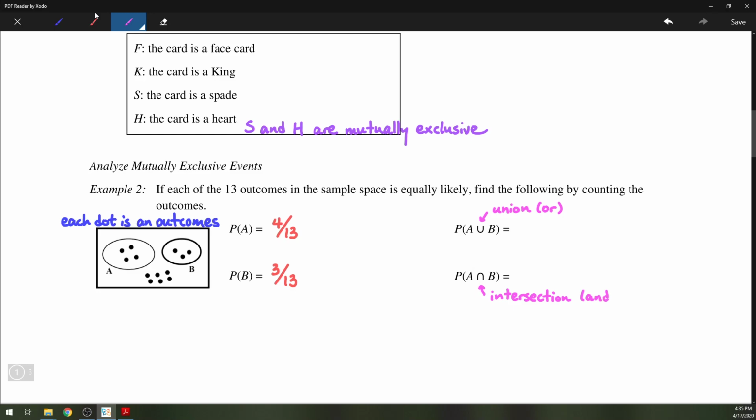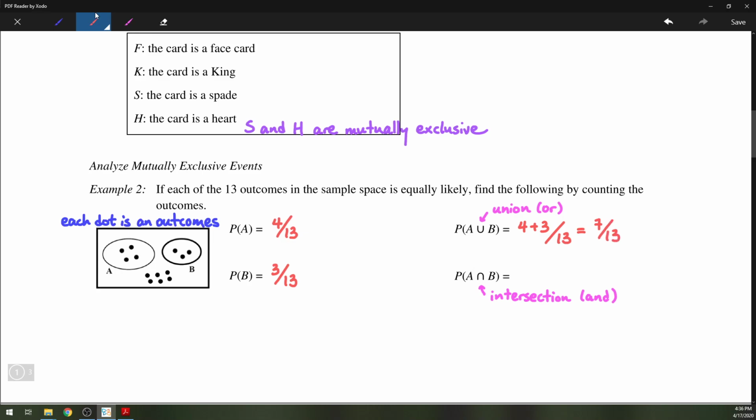So if you look at what it says, probability of A or B: anything belonging to A, and there are 4 outcomes belonging to A, or belonging to B, and there are 3 outcomes belonging to B, will count as probability of A or B. So that's really 7 out of 13.